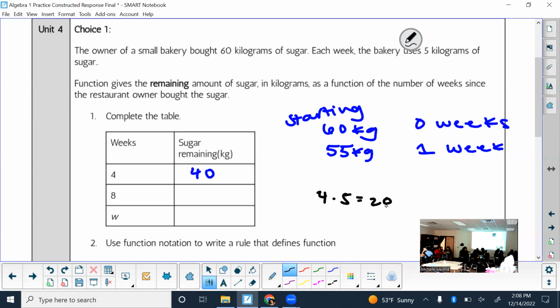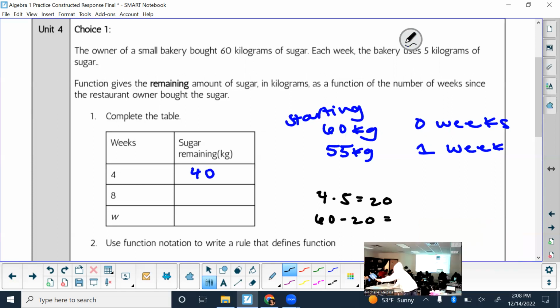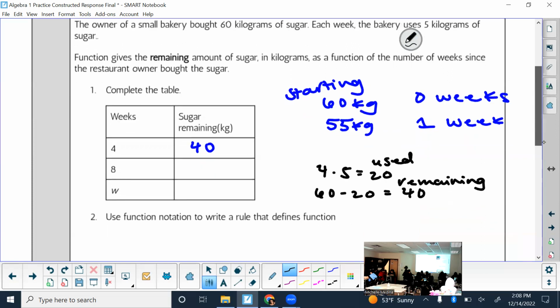And then take that value and subtract it from the 60 you started with. So then the 20 is how much was used, and then the 40 is how much is remaining.